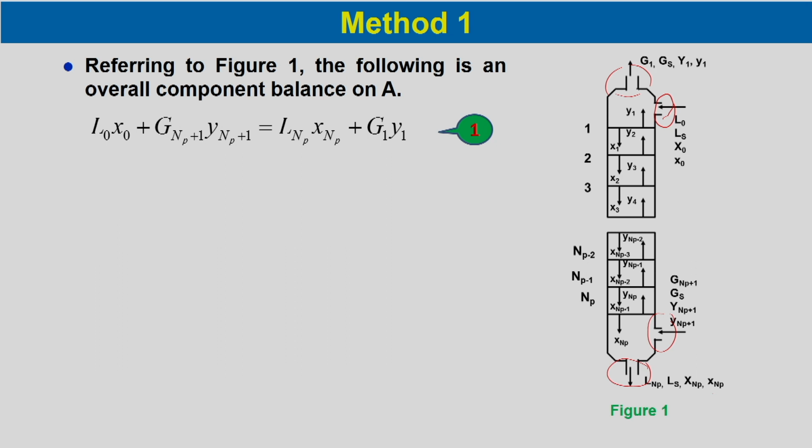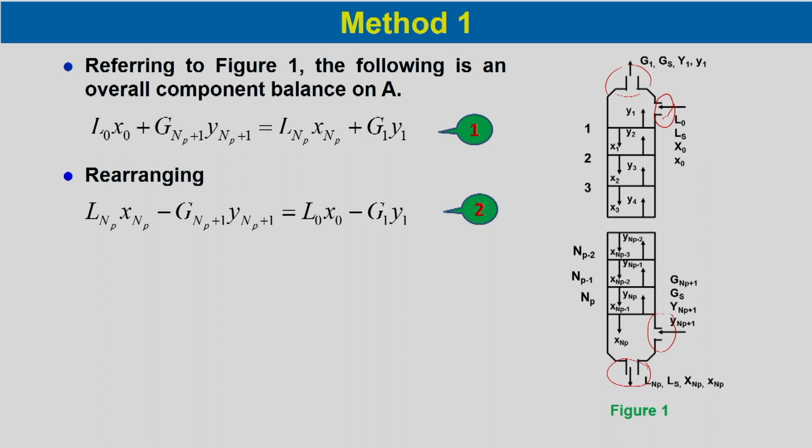So, this is equation 1. Now, if we rearrange this equation, we will have L N P into X N P minus G N P plus 1 into Y N P plus 1 would be equal to L naught x naught minus G 1 Y 1. So, this is equation 2.